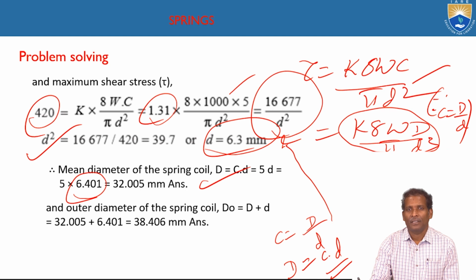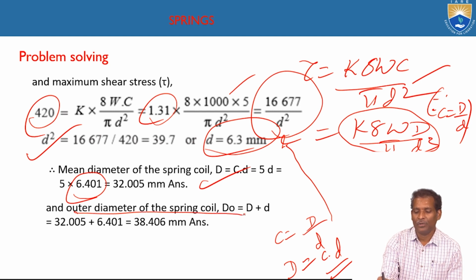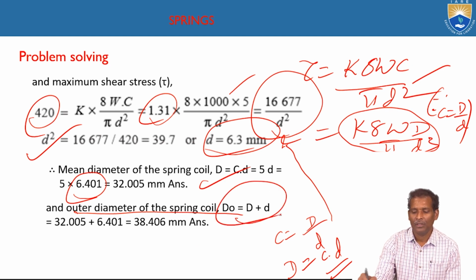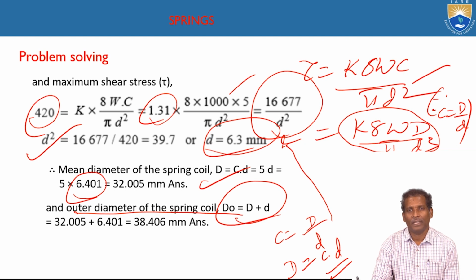And then calculate the outer diameter of the spring coil. How do you calculate the outer diameter? In previous sessions we discussed the outer coil diameter: D naught is equal to capital D plus small d. The outer diameter of the spring coil is the summation of the mean coil diameter plus the wire diameter.